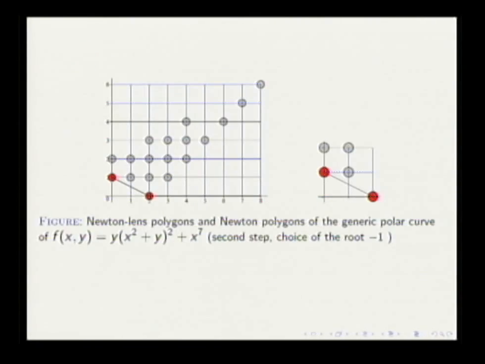One more example, and this is the second step. What does that mean? For those who know how to get the Puiseux expansion of a parametrization of a branch of an algebraic curve here, they know that one step is not enough.